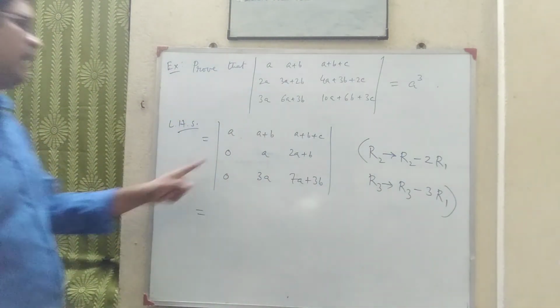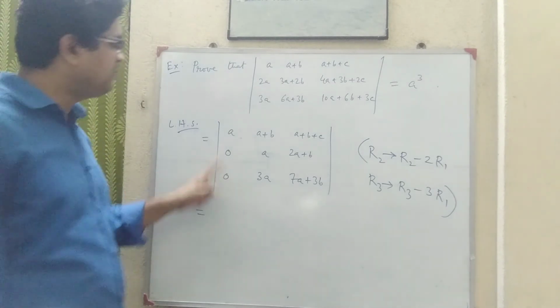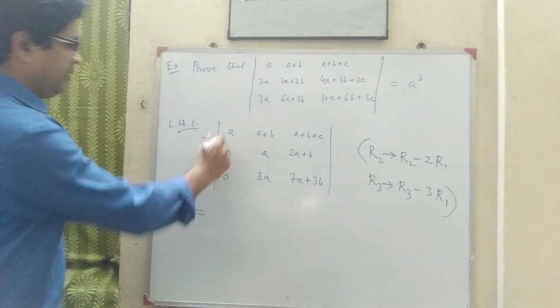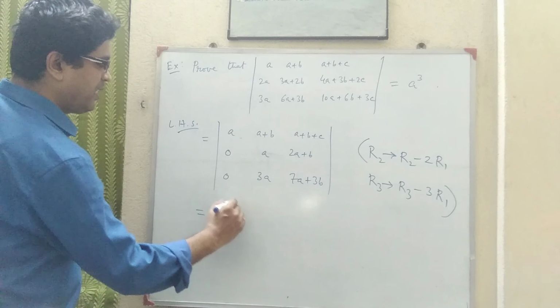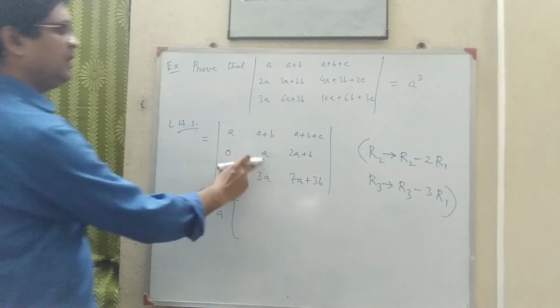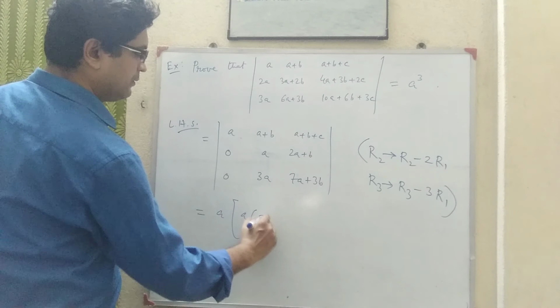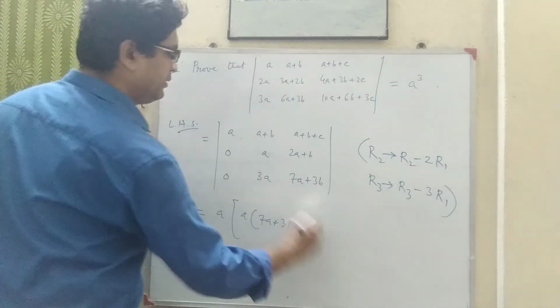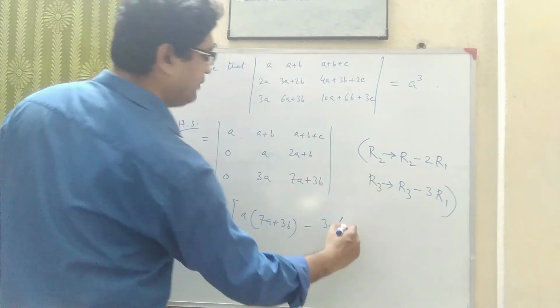Now as two elements in the first column have become 0, we can expand by the first column. So expanding by the first column, we have a into 7a plus 3b, cross multiply minus 3a into 2a plus b.